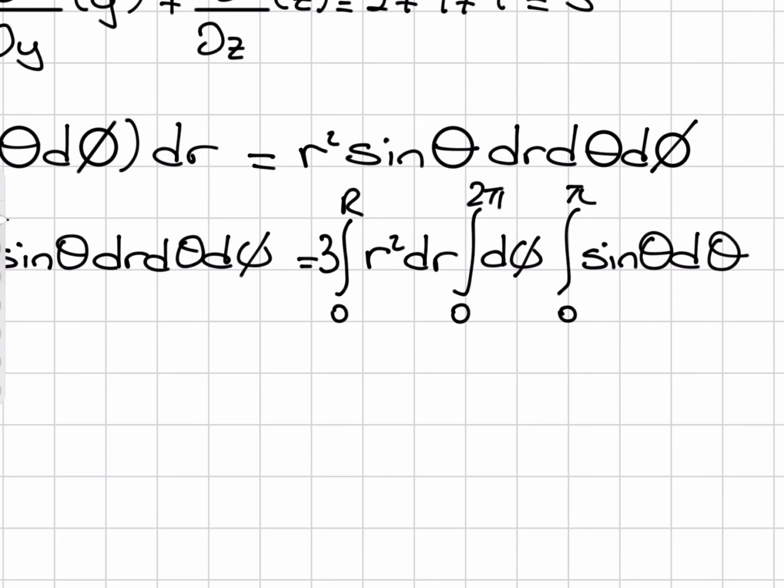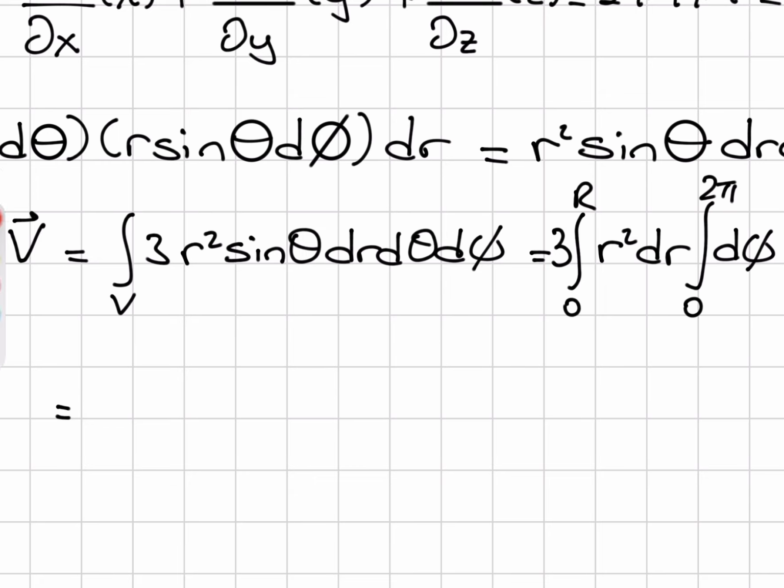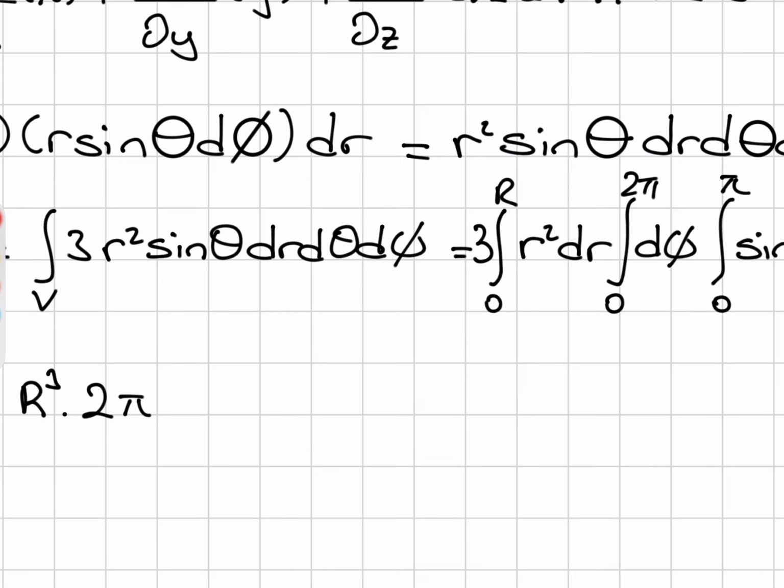Now performing these integrals, from the r integral we obtain capital R cubed over 3, but there's a 3 here, so it will be just capital R cubed. The φ integral will give us a factor of 2π. The integral of sinθ dθ is minus cosθ evaluated between 0 and π. Cosine π is -1, cosine 0 is 1, so minus (-1 minus 1) gives us a factor of 2.